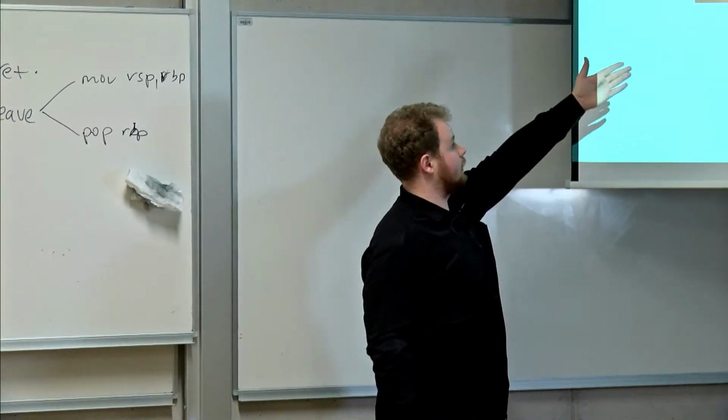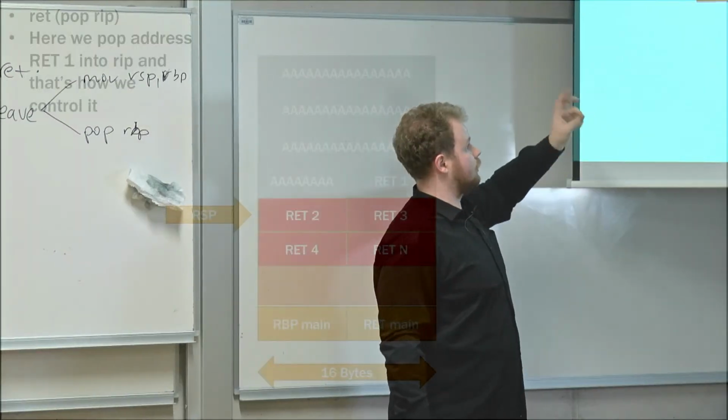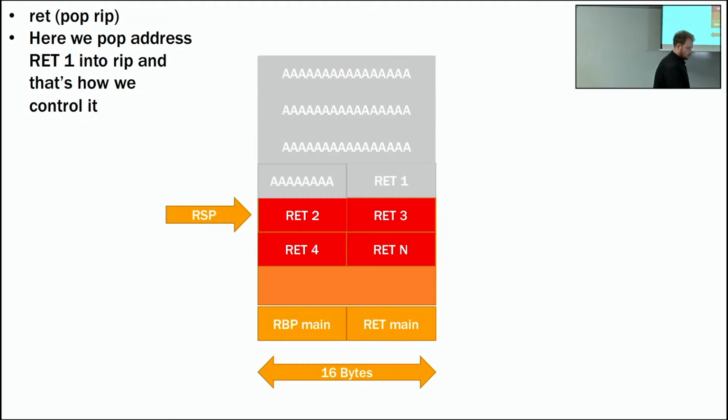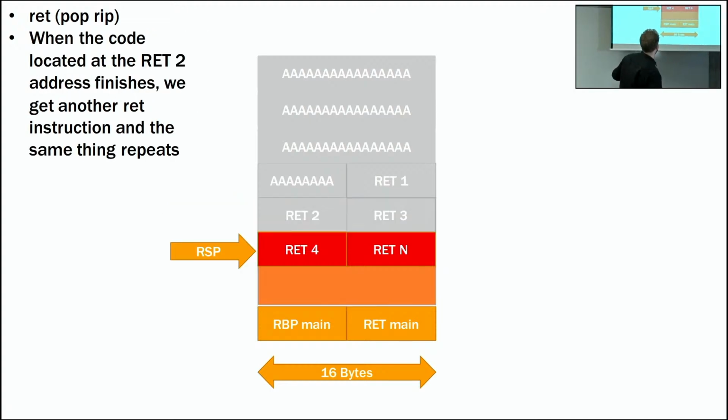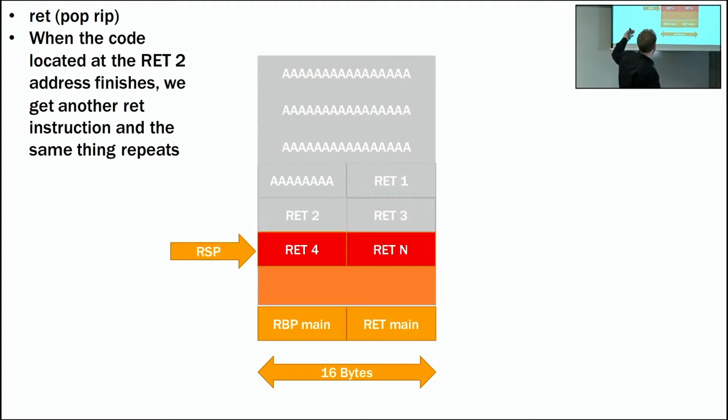And it will look like this. Right after the gadget on the return one address is finished, it will try to call ret again. And this will just keep happening. Basically, we move down here. Just another one.